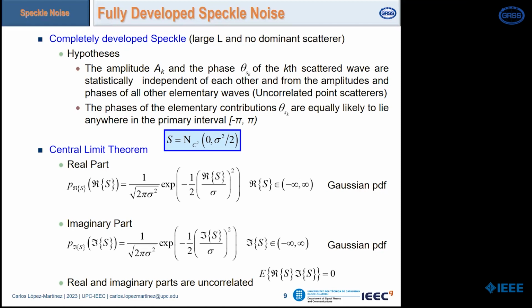If you measure additive Gaussian noise in a communication system, each time you measure, the noise is different. In this case, if everything stays the same, the measure is the same. The fading pattern is the same, so therefore it's not a noise. The problem is that it's so complex.